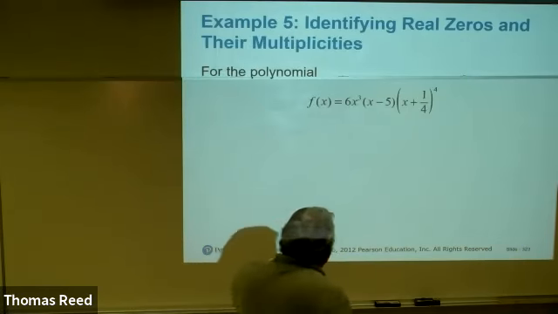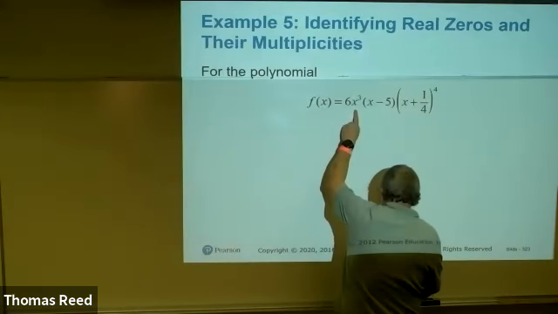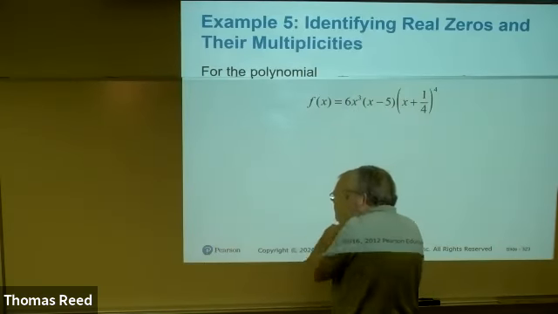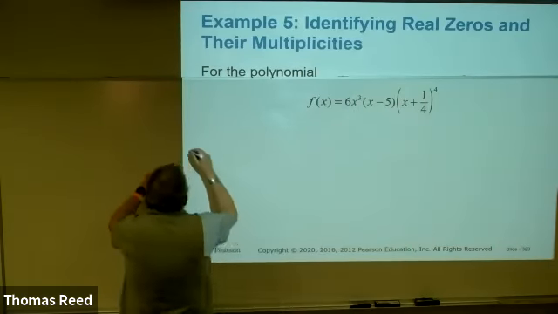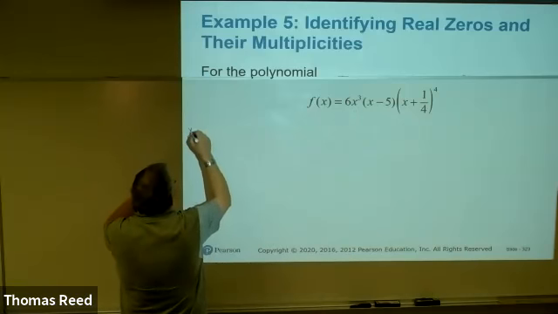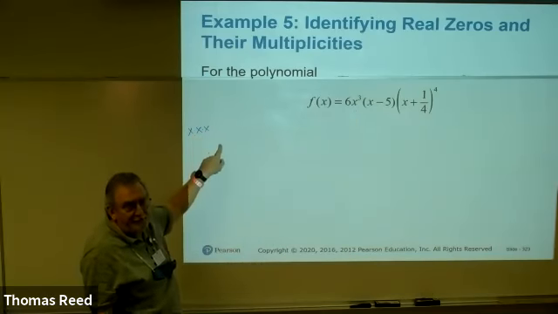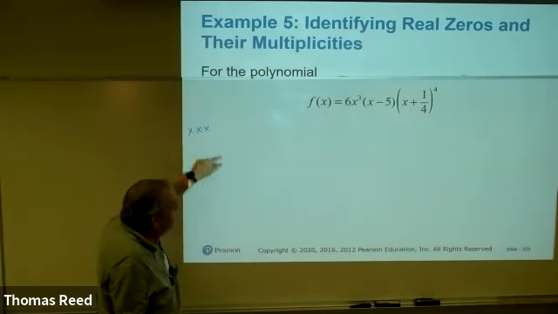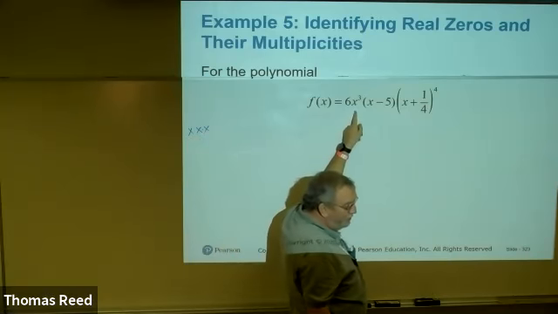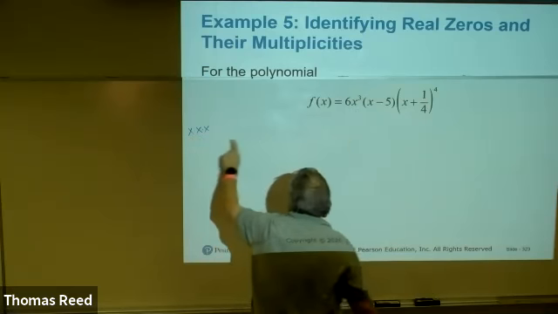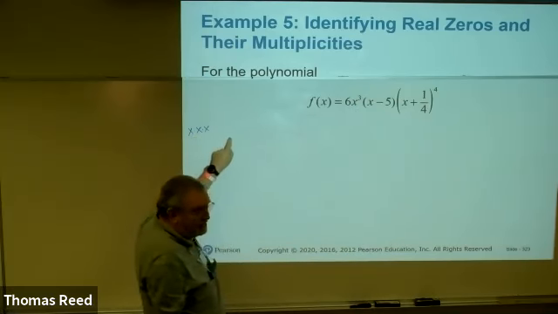So here, x to the third, that means we have x times x times x. X shows up 3 times as a factor. So that means x to the third equals 0 means 0 is a 0 of the function, and it shows up as a 0 3 times.